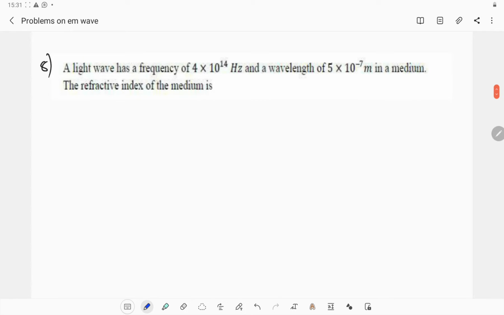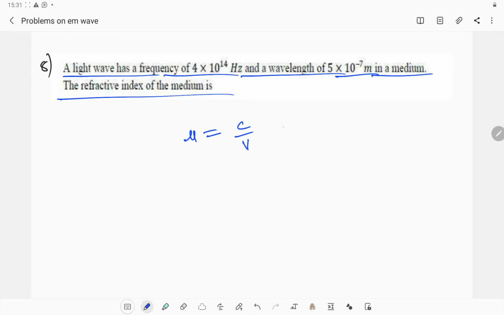Next, 8. A light wave has frequency 4 into 10 to the power of 14 Hz and wavelength 5 into 10 to the power of minus 7 meters in a medium. The refractive index of the material is, refractive index mu is equal to c by v. This c by v, where v is the velocity of the wave in a medium, is therefore c by n lambda.